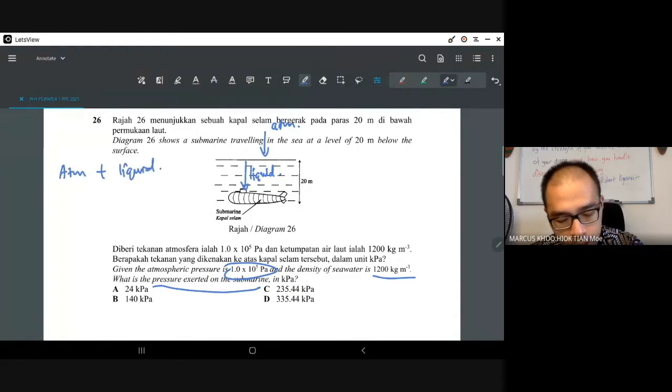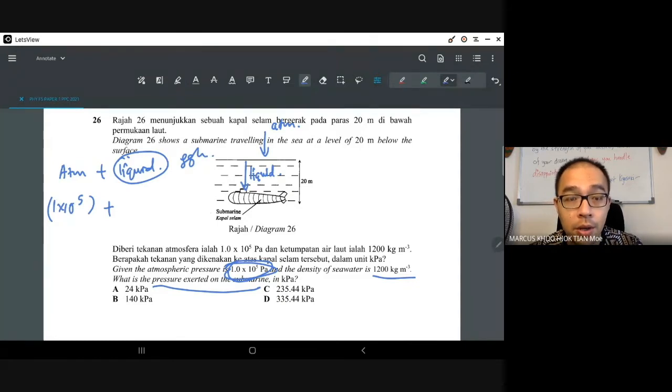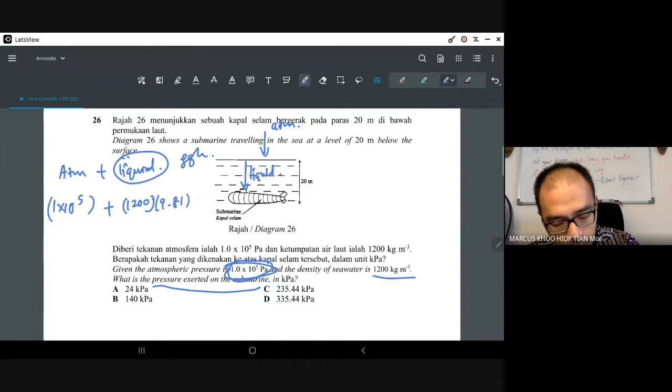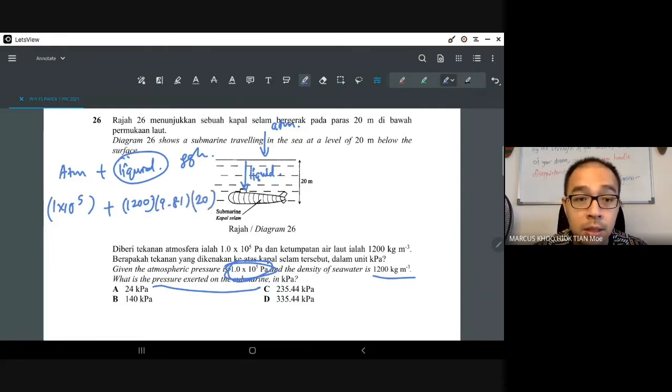The good news is atmospheric pressure is given: 1 times 10 to the power of 5, plus liquid pressure, which is calculated by rho GH, where H is the depth of the water, G is normal, and rho is the density of the seawater. So we're talking about 1200 times 9.81 times 20 meters, and then you need to add it together.